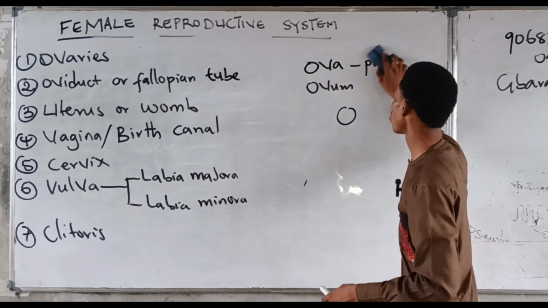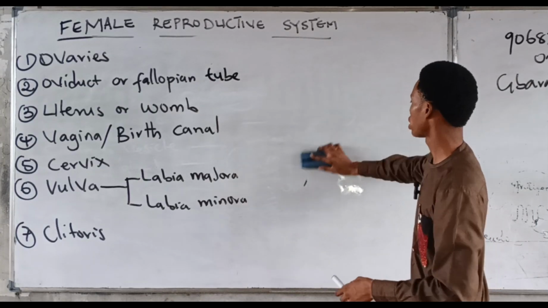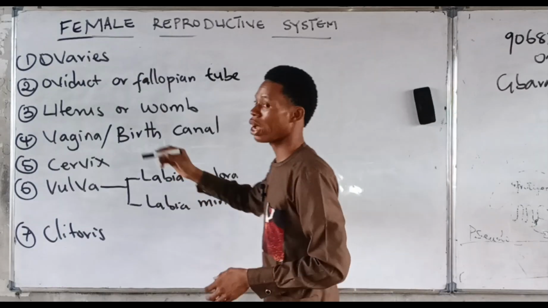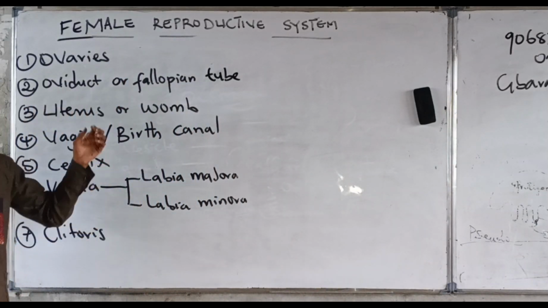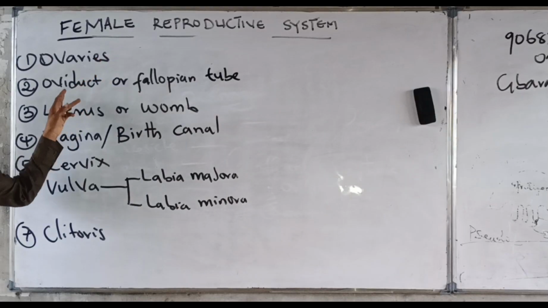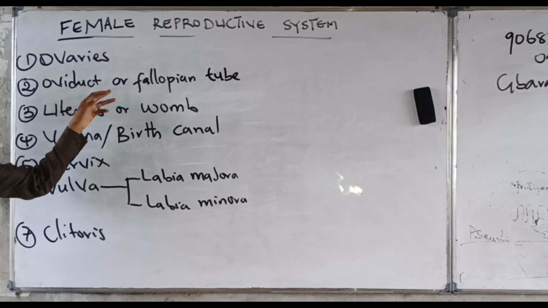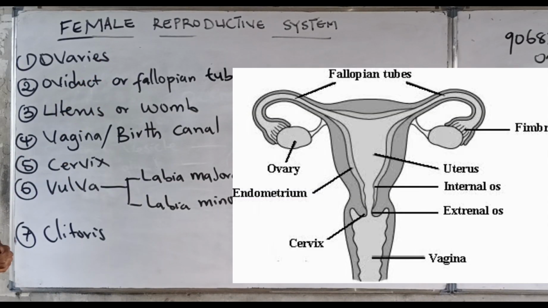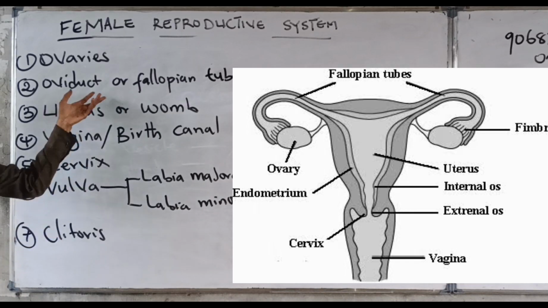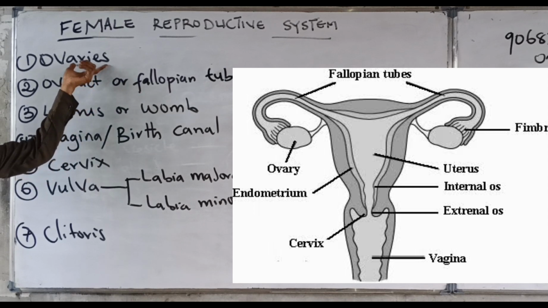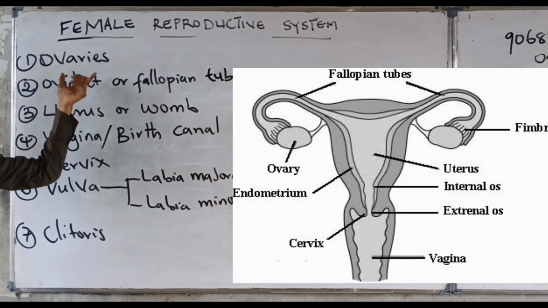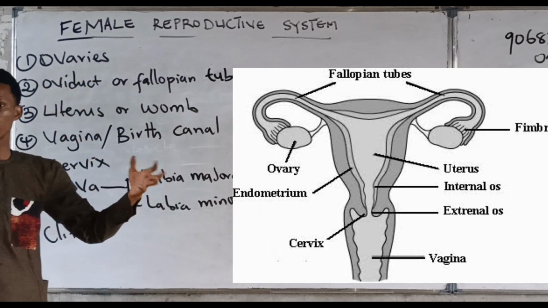So we've seen that the ovary is where their eggs are produced. Now, the oviduct or fallopian tube. I've told you before, anytime you hear duct in biology, duct means passage, tube. So the oviduct or fallopian tube is a link between the ovaries and the what? Uterus. How many ovaries do they have?